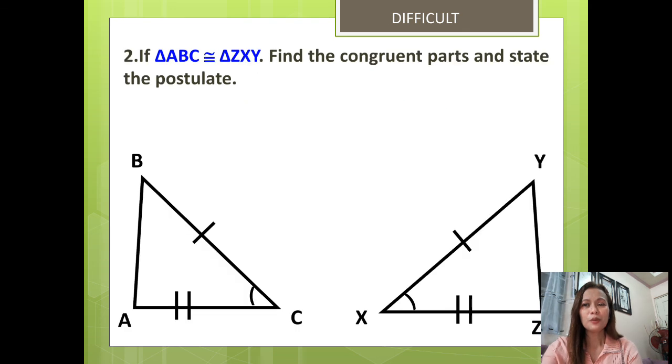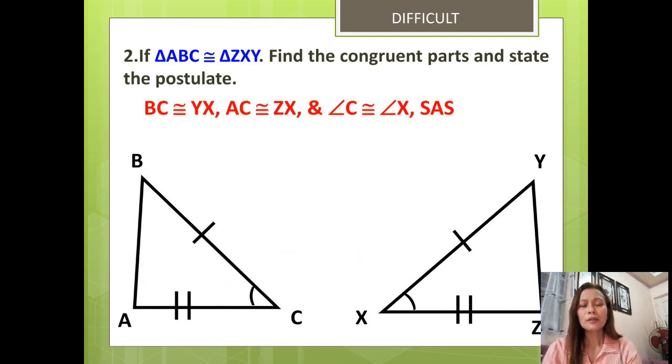For number 2. If triangle ABC is congruent to triangle ZXY, find the congruent parts and state the postulate. Again, using the identical mark, we're now going to name the 3 congruent parts between 2 triangles and name what kind of postulate. Okay, so time is up.